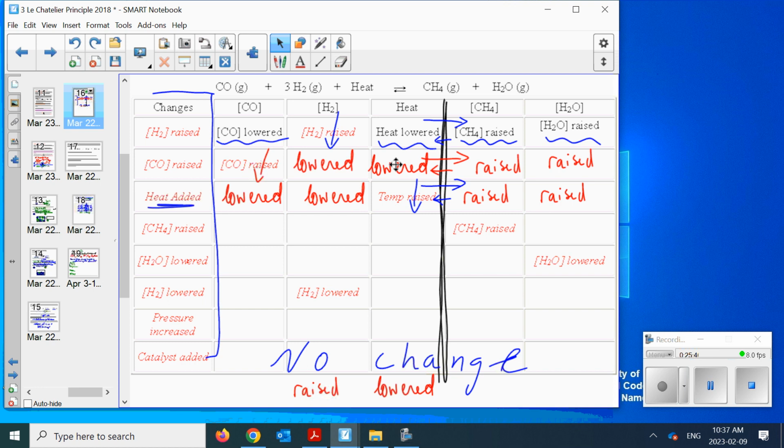Okay, CH4 raised. It's on the opposite side. But as soon as I see raised, I'm thinking that's the initial change. I'm throwing in a bunch of methane, CH4. This CH4 is raised.